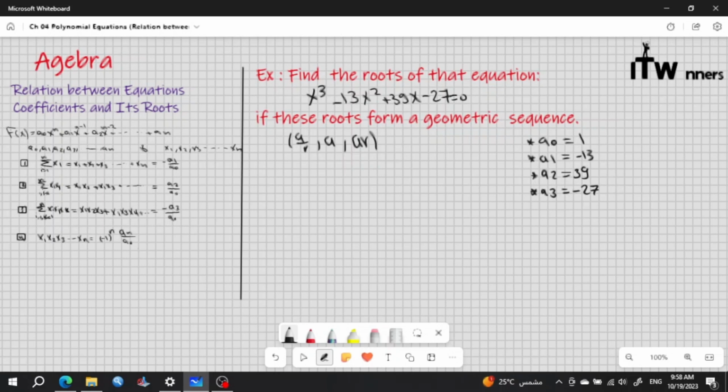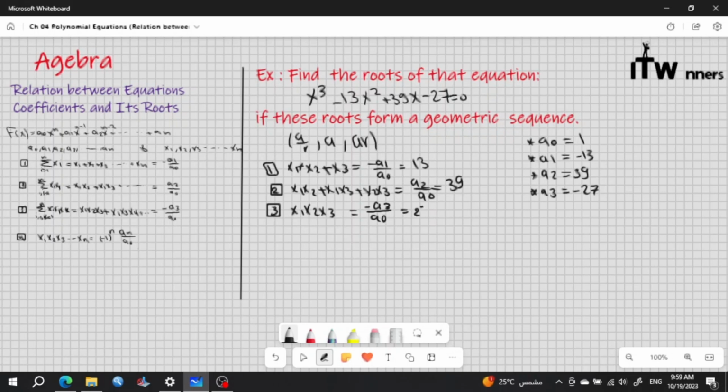Okay. So just write our relations: x1 + x2 + x3 will be equal to −a1/a0, this equal to 13. The second, x1x2 + x1x3 + x2x3 equal to a2/a0, equal to 39. The third one, x1x2x3 will be equal to −a3/a0, this equal to 27.